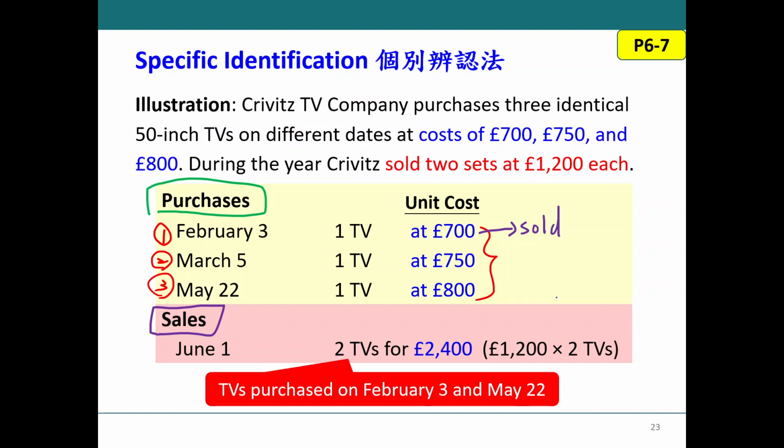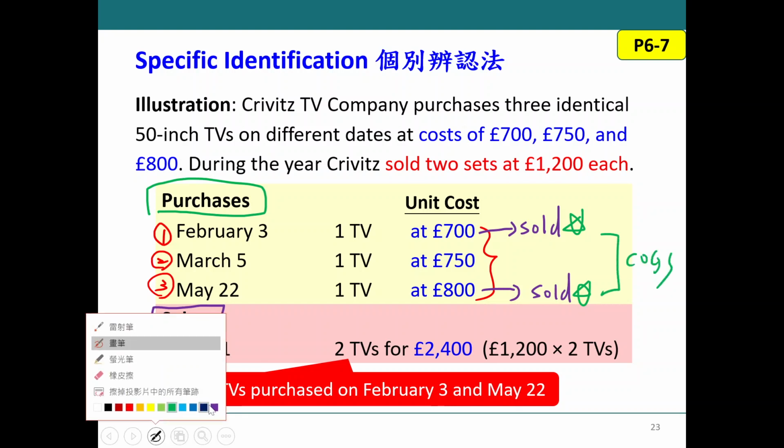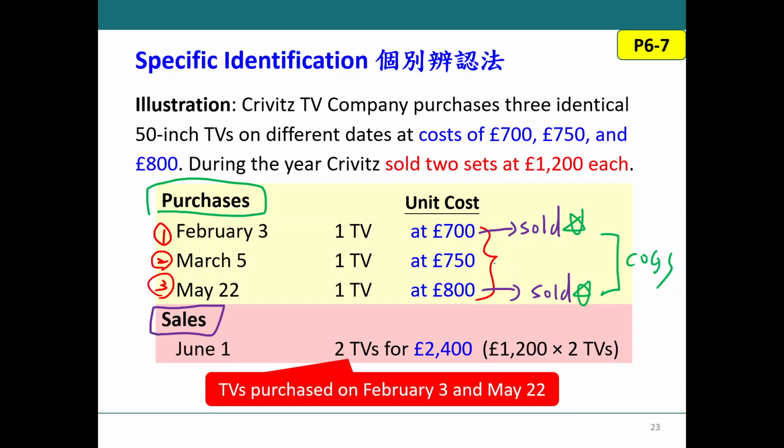Could you use that to get your cost of goods sold and your cost of ending inventory? Yes. These 2 TVs you sold give you your cost of goods sold. How about the one in the middle? The second one, unsold, will be your ending inventory still in your company.